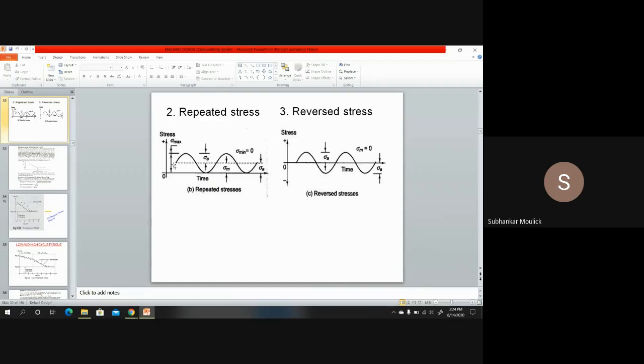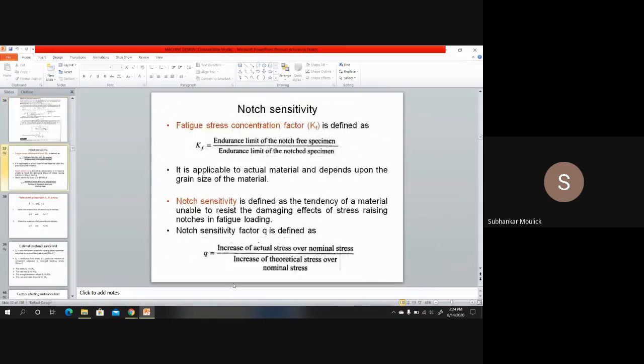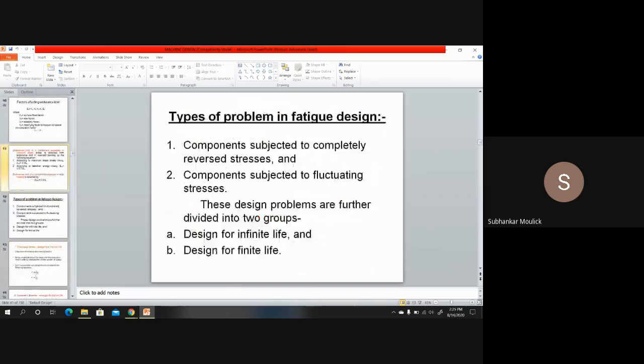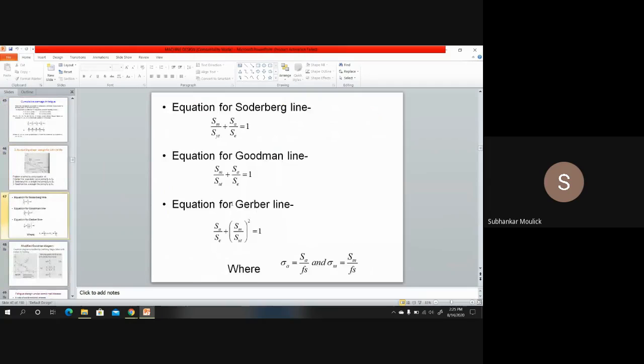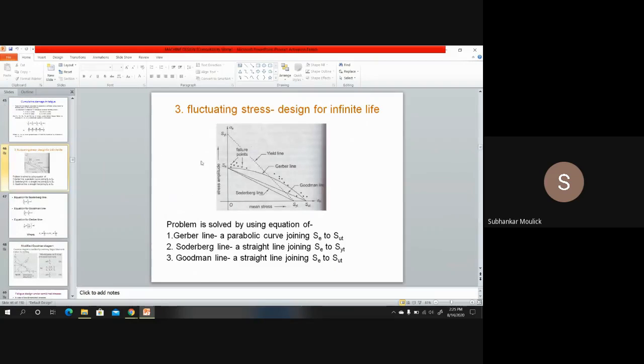Then only the stress will vary. See, as the time increases, stress is also varying about this mean line. So when the alternating component is present, then only fatigue will come into the picture, because for fatigue you need a load that will vary with time.